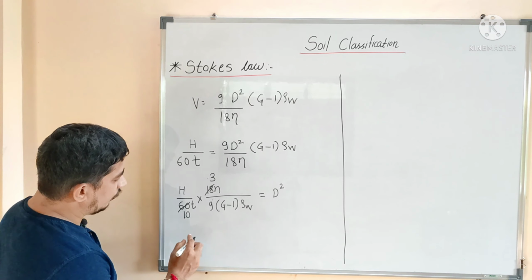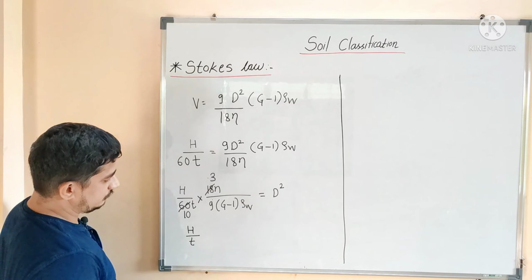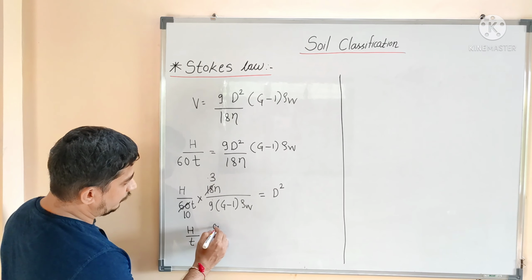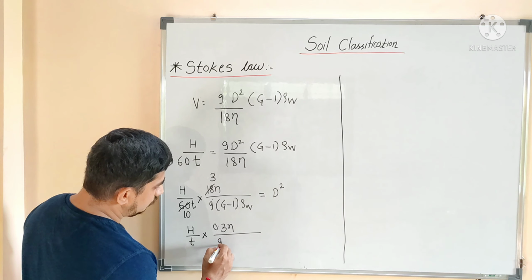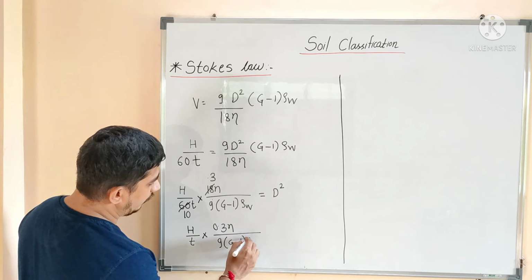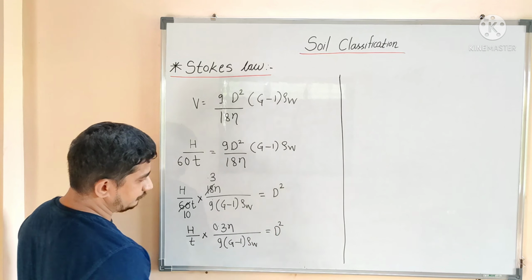After solving this, we got h by t into 3 by 10, so it is 0.3, multiplied by eta into g multiplied by capital G minus 1 multiplied by rho w is equal to d square.